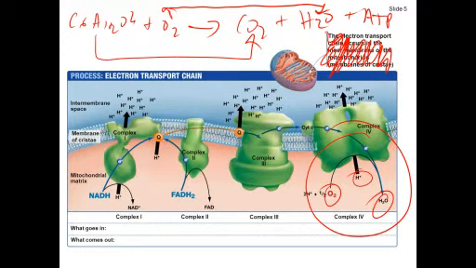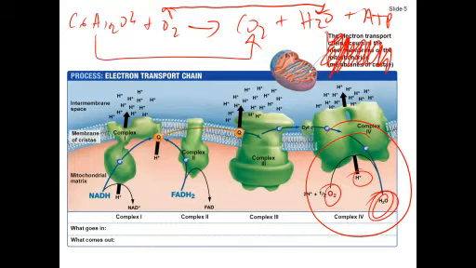The oxygen gas molecule accepts the electron from the cytochrome complex, and in doing so, it's reduced to water. So oxygen is the final electron acceptor because it's accepting these electrons in this pathway.